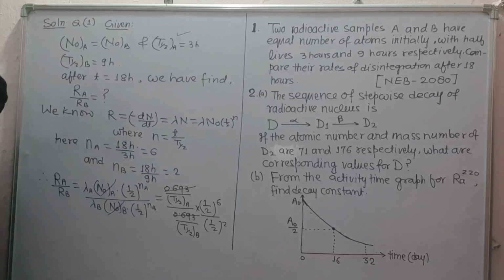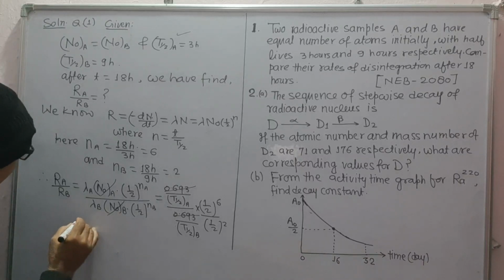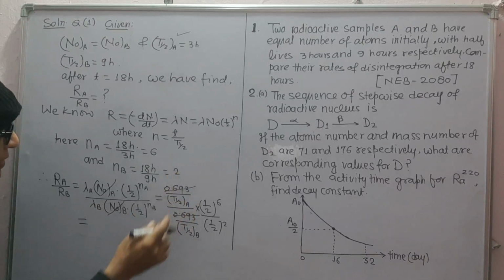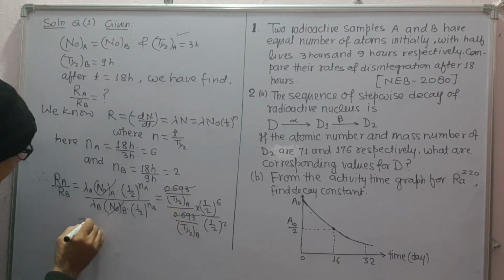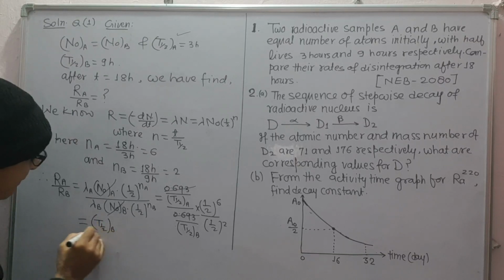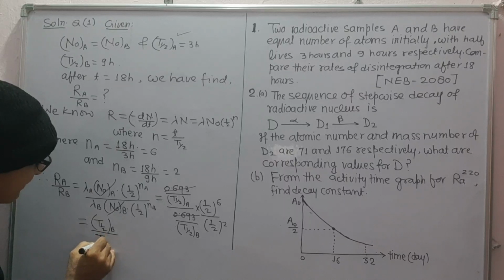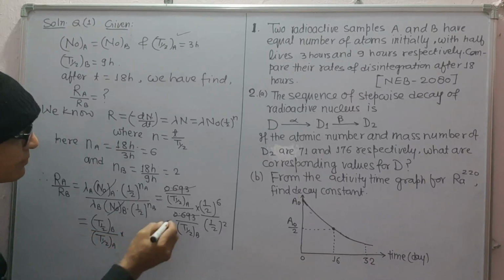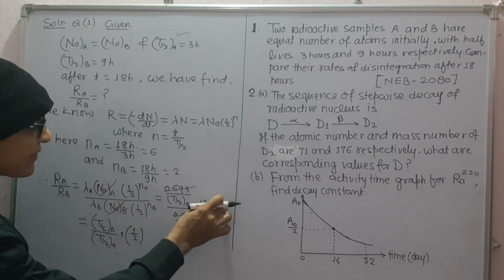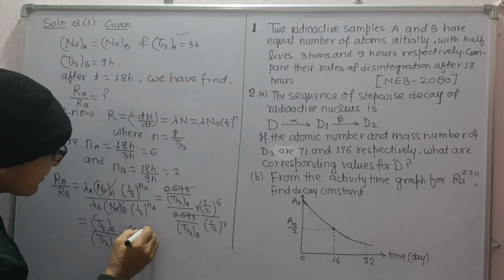0.693 cancel out and we get R A upon R B as T half of B upon T half of A into half power 6 minus 2, means half power 4.